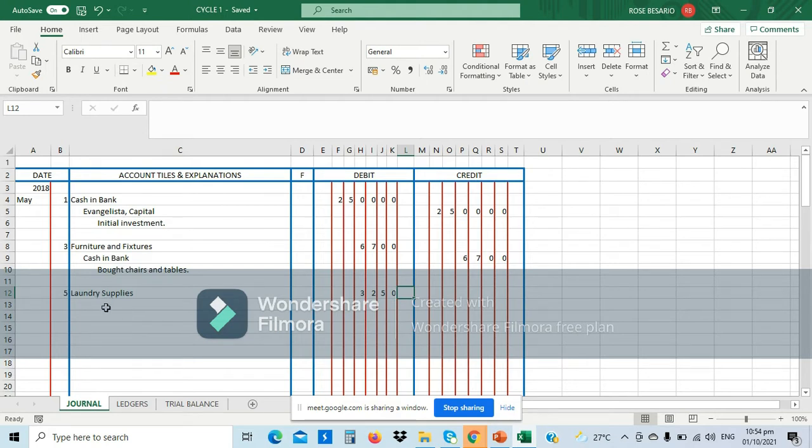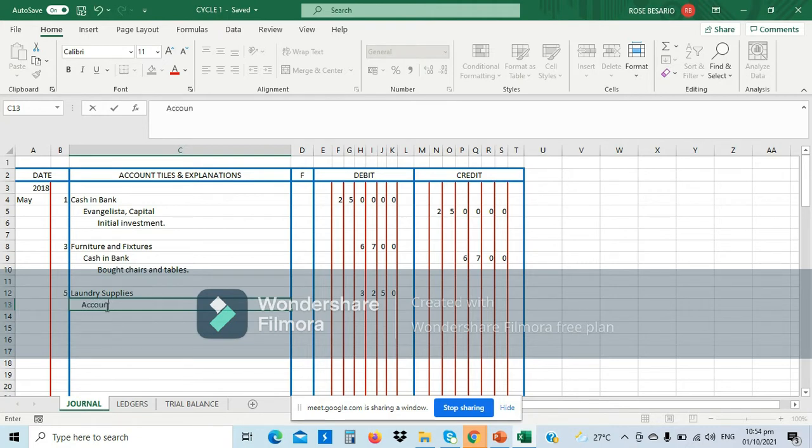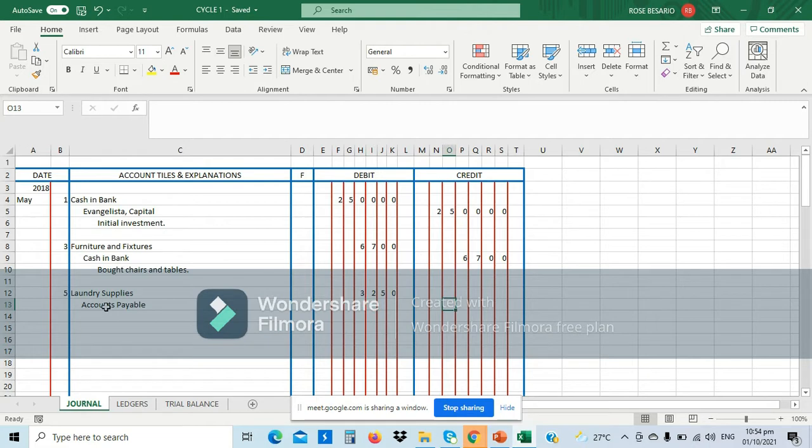And then our credit: it's bought on account, so it's not paid. So our credit is accounts payable, 3,250.